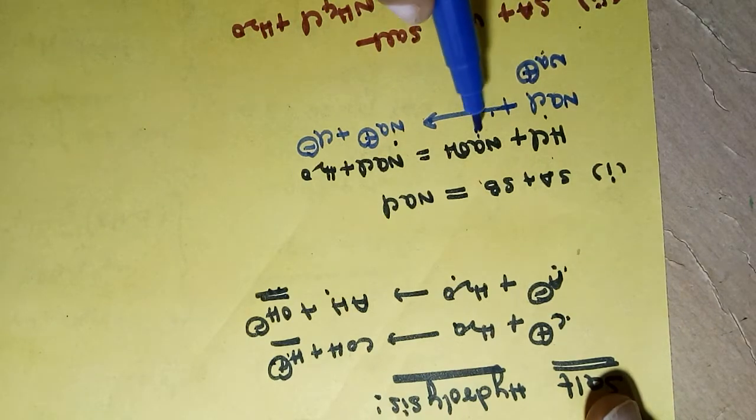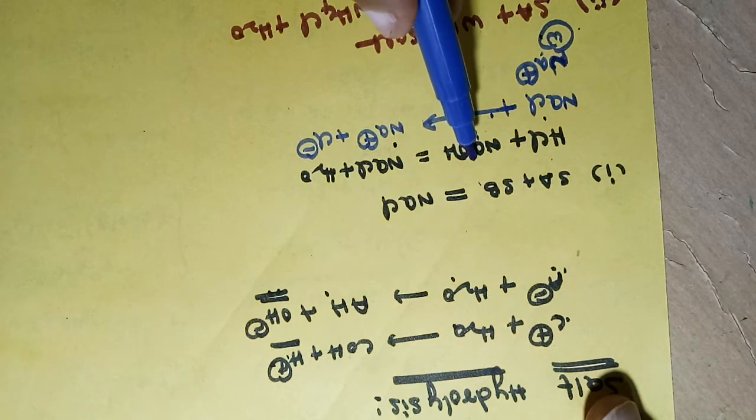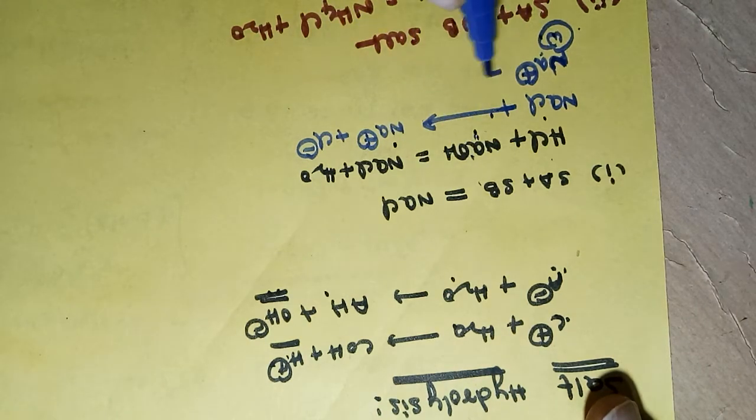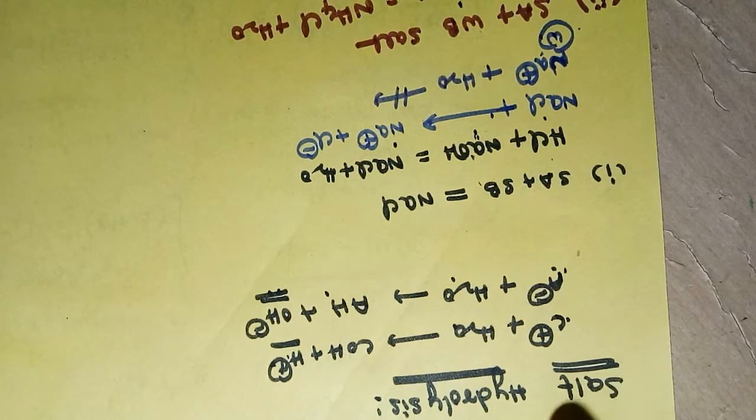The ion formed from a strong base is weak, and the ion formed from a weak base is strong. So this weak ion is not able to hydrolyze.